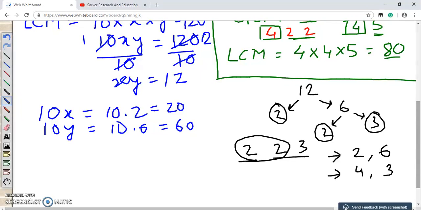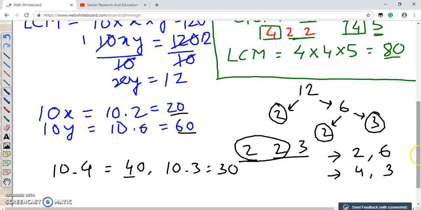This is one set. And the other set is 10 times 4, which is 40, and 10 times 3 is 30. So the numbers can be either 20 and 60 or 40 and 30.